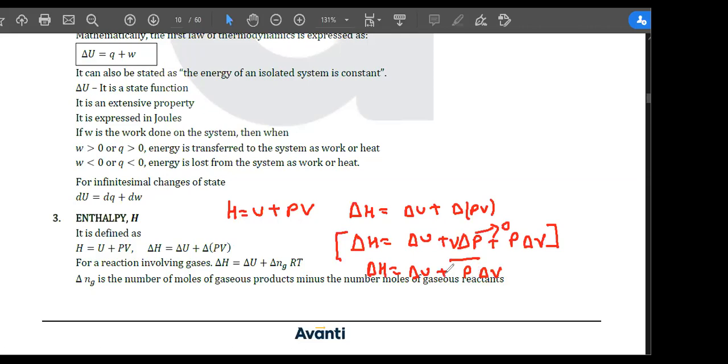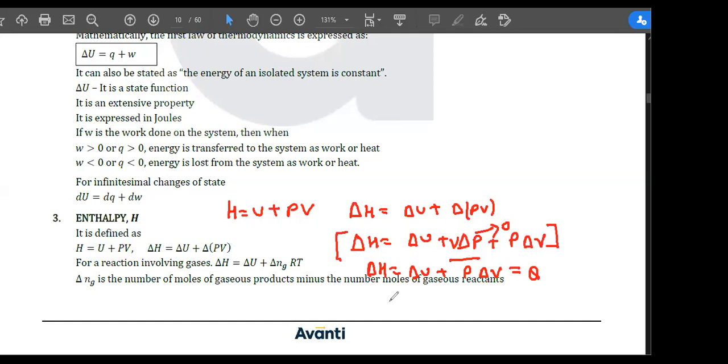That's why we have a positive sign over here. So don't worry about that, because this formula will be the same for both physics and chemistry. So in this case, delta H is equal to Q for only the isobaric process.